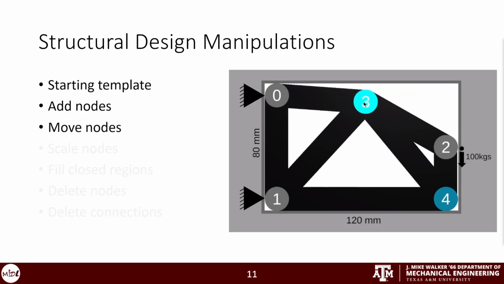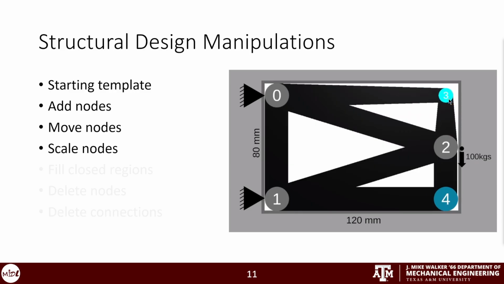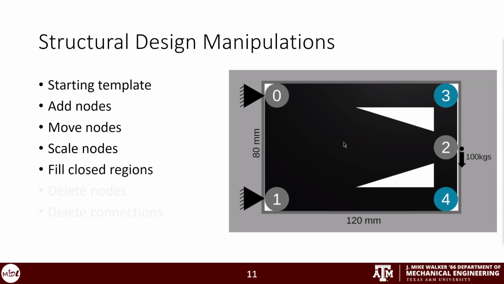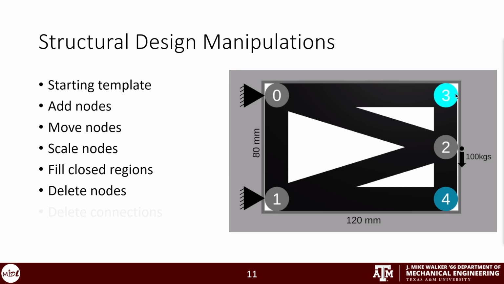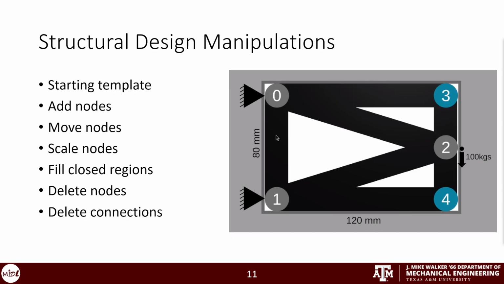Nodes can also be moved around, which again recomputes the graph, and the user can adjust the amount of material at a node by scaling it up or down, which also impacts the connected truss elements. Users also have the ability to fill closed cycles with material. And for direct material removal, users can delete nodes as well as delete specific edges. So these options give users fine-grained control over the design of their structure.